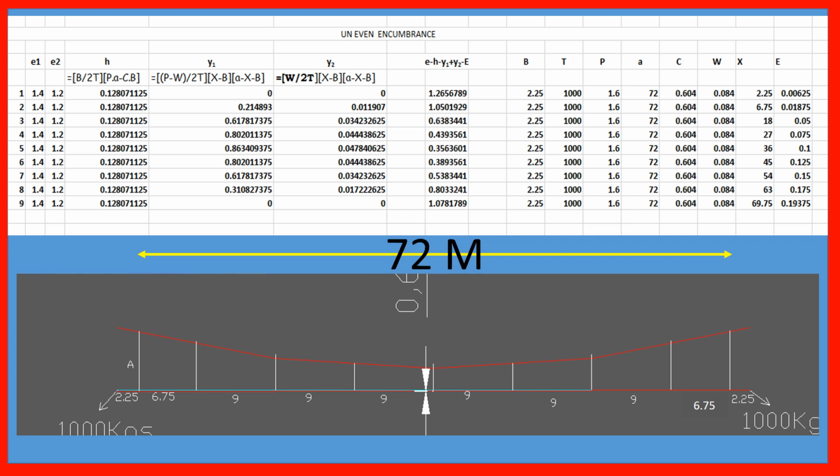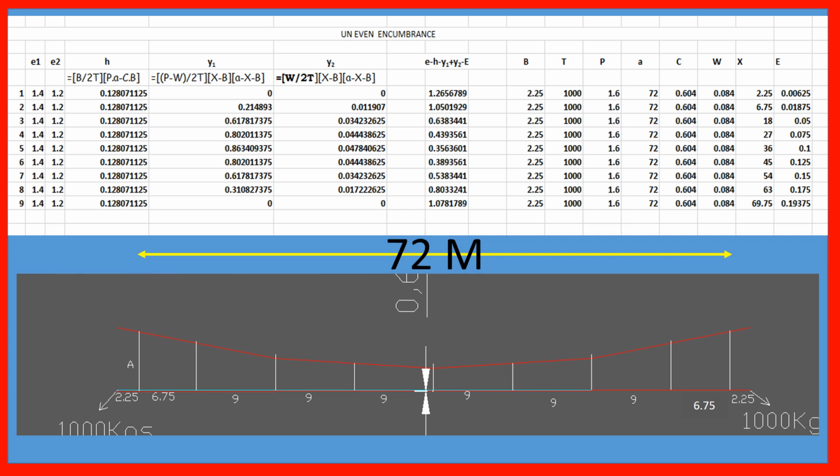The first dropper, after 2.5, is showing 1.2656. The second dropper, after 6.75, is showing 1.050. The third dropper, after 18 meter, is showing 0.638.